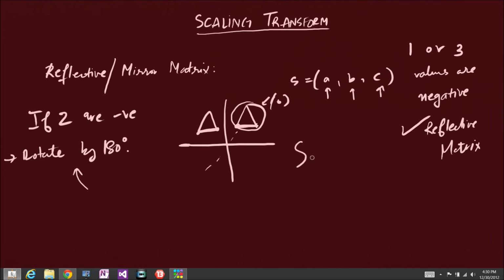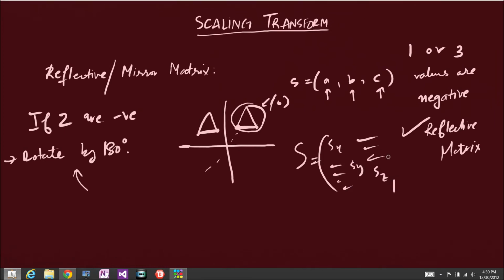So remember that scaling matrix we had, with the Sx, Sy, Sz, 1, and all the other ones were 0. These three coordinates right here correspond to the A, B, and C. And another way of detecting, just by simple math, whether a matrix is a reflective matrix or not is that we can compute the determinant of the upper left three elements.